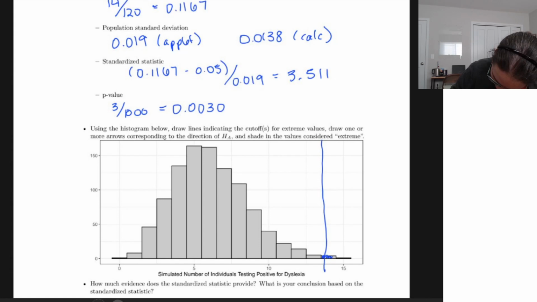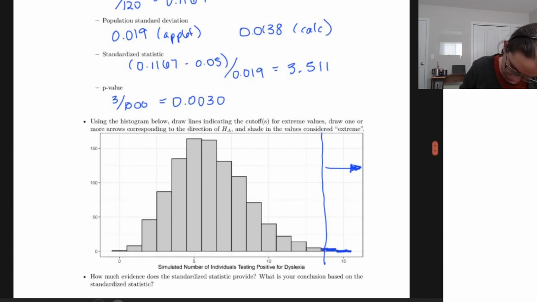Okay, so anything in this direction is more extreme than what we observed. If we saw 14 people out of 120 or 15 people out of 120, those are more extreme. So this is what's going into our p-value calculation.